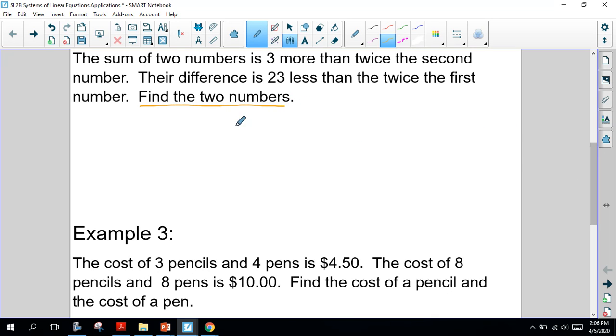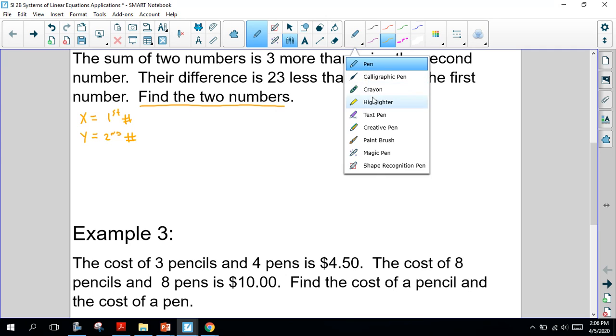So this is going to be pretty much the same idea as the first problem. To define the variables, x is going to represent our first number, and y, once again, is going to represent the second number. And calling them the first and the second number in this problem probably has a little bit more significance because here it is talking about the first and the second number.